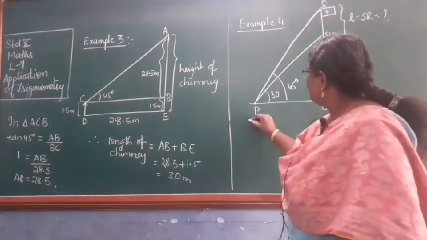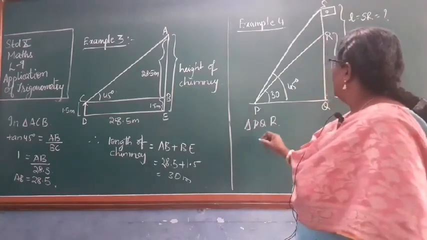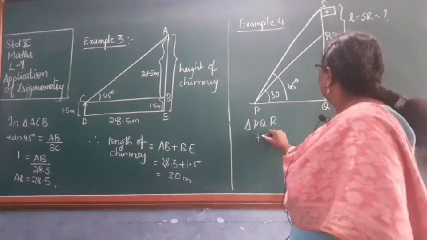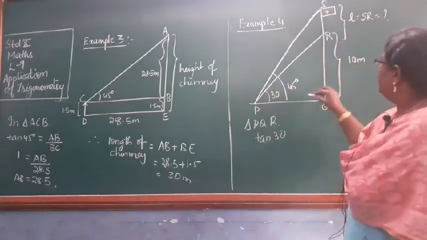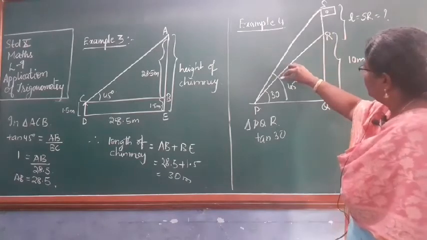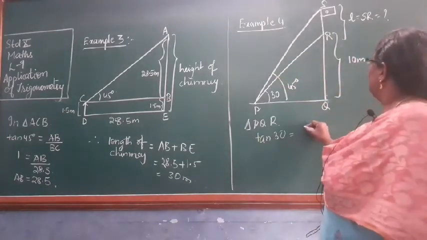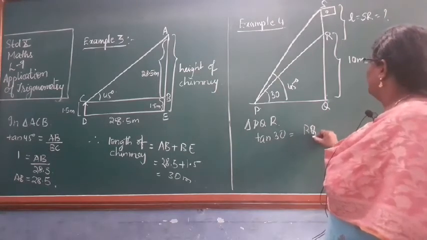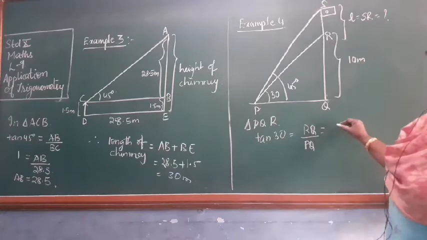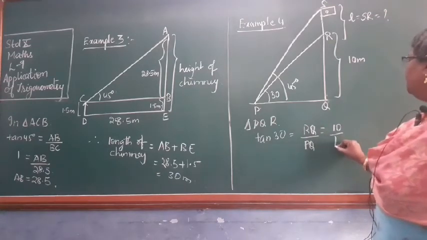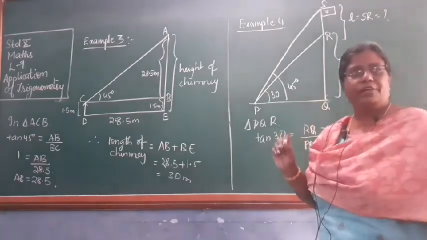So naturally you should take triangle PQR, and you know that tan 30, this is the angle, will be equal to what? RQ by PQ. RQ I have with me, that is 10 meter. PQ I do not have. Once I get PQ, then I can use tan 45.